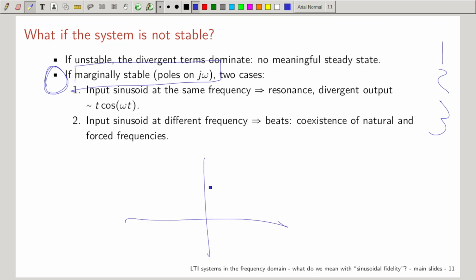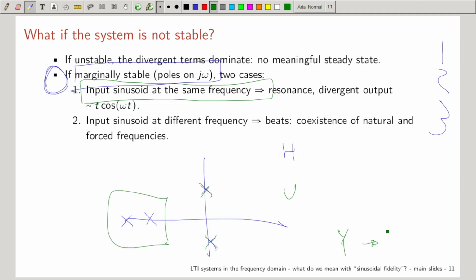This one is extremely interesting, people. Marginally stable means poles on j omega. That means that my H looks like this one. Okay, this is my H. If the input sinusoids are at the same frequency, and this is my U, the Y is going to look like decaying terms plus a sine. True?